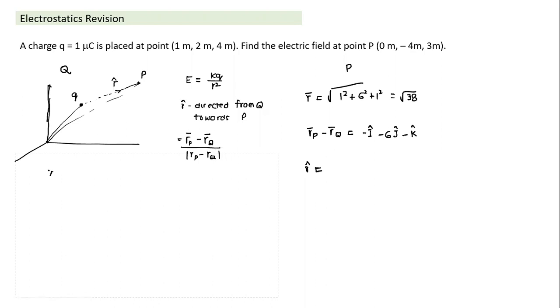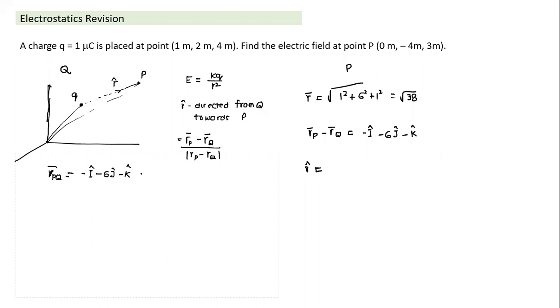So what is RPQ equal to? RP minus RQ. So this is point P: 0 minus 1, minus I cap; then minus 4 minus 2, minus 6 J cap; and 3 minus 4, minus k cap.